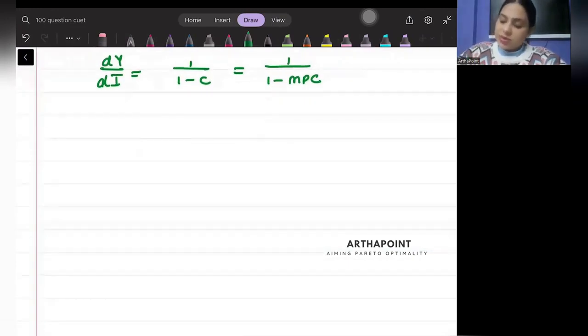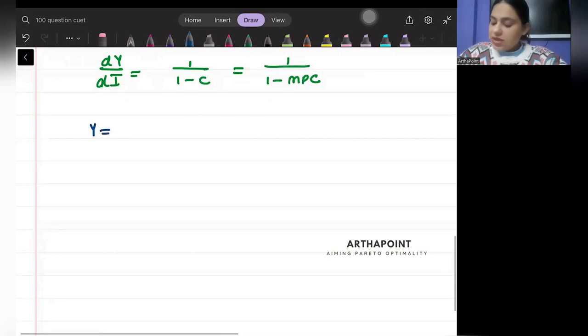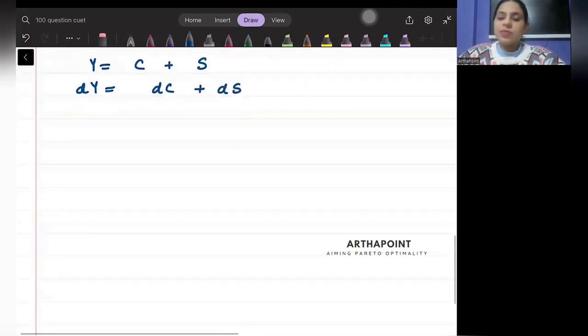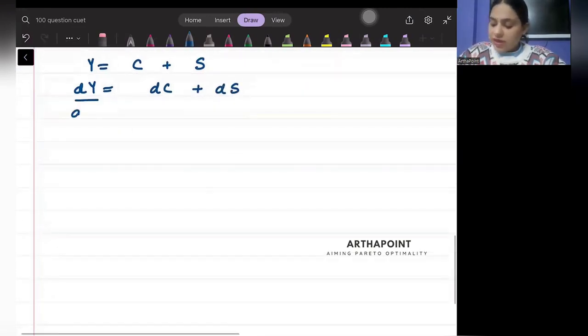Now tell me something: income can either be consumed or saved. So a change in income can either be a change in consumption or a change in savings. I can divide both sides by dY.